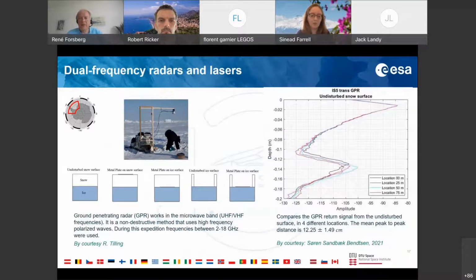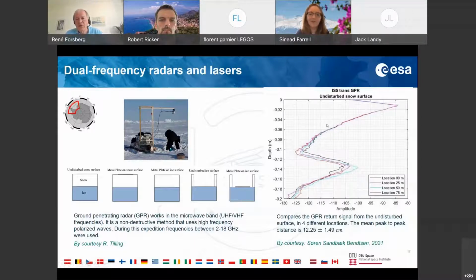Here is an example of some ground truth radar. I think it was Rachel who was there on the ground, measuring with the ground penetrating radar, 2 to 18 gigahertz, and making various experiments with having a plate on the surface, a plate on the ice-snow interface, and trying to really understand what's going on. Here's a student of Henrietta's who has been looking at some of these data, and also I guess Rachel herself also.